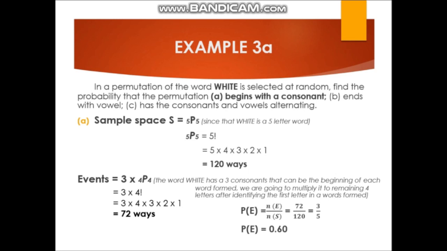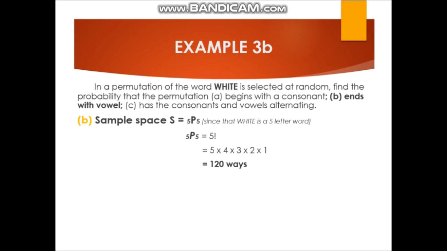Example, ang una nating napiling consonant letter is letter H. Ibig sabihin, may matitirang 4 na letters. Yun ay yung W, letter I, letter T, at letter E. So, yung 4 na letter na yun, ang pagpapalit-palitin natin ng pwesto hanggang sa makabuo tayo ng napakaraming arrangement out of these 4 letters. Kaya, ang ginawa natin is 3 times 4P4. Okay? Let us proceed to letter B.